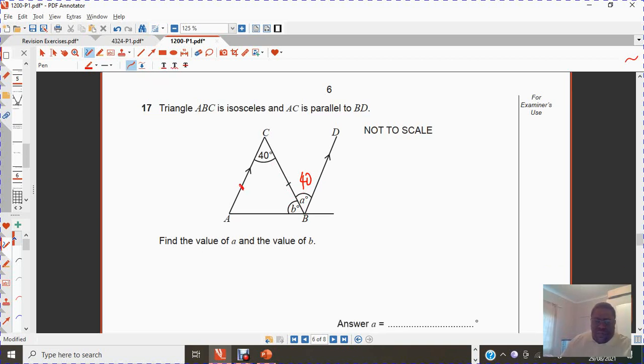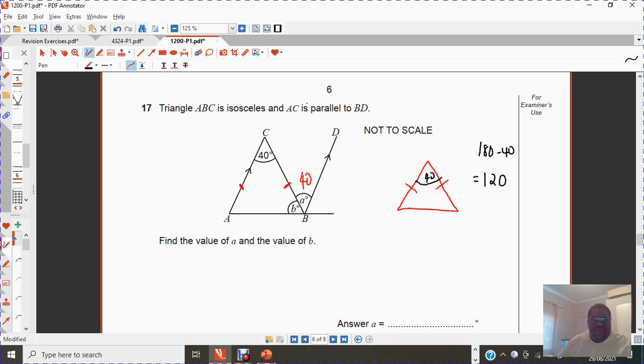This one here indicates that you have an isosceles triangle. So if you have an isosceles triangle, and this is 40 here, then 180 minus 40 should give you 120.